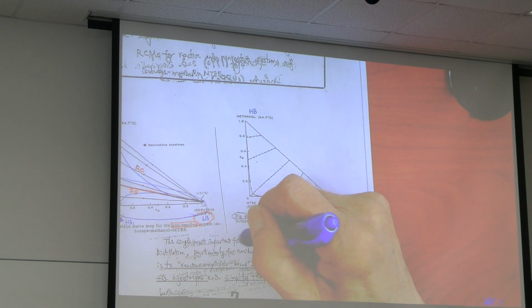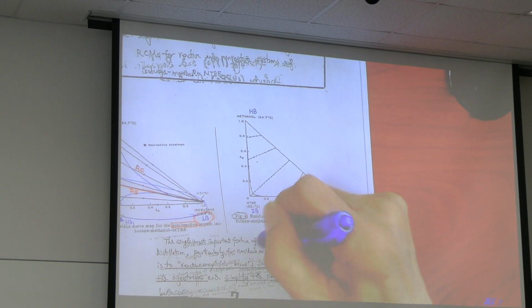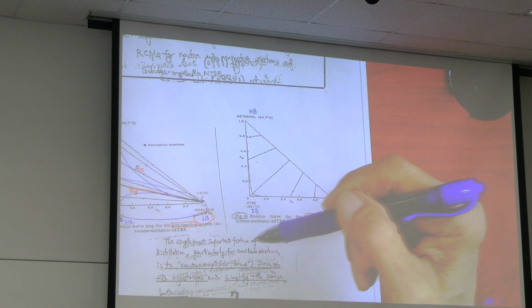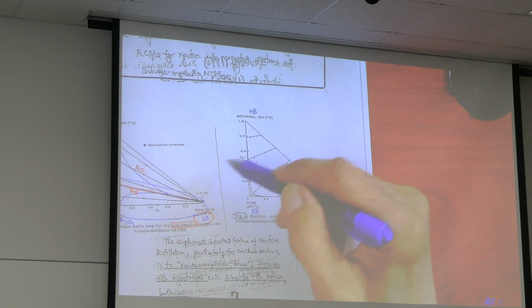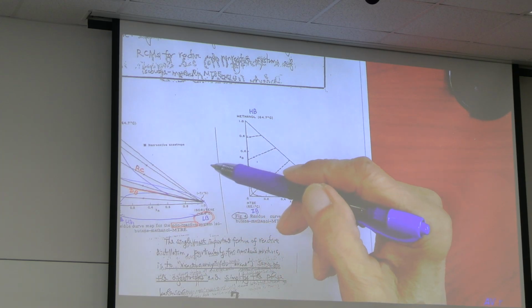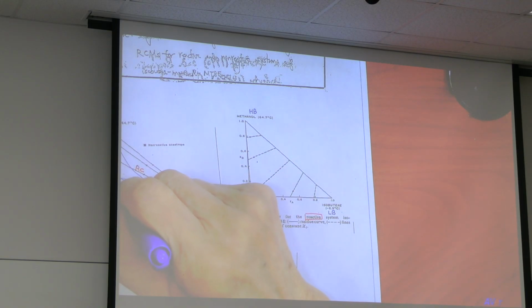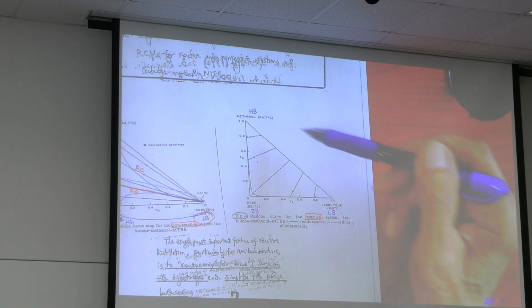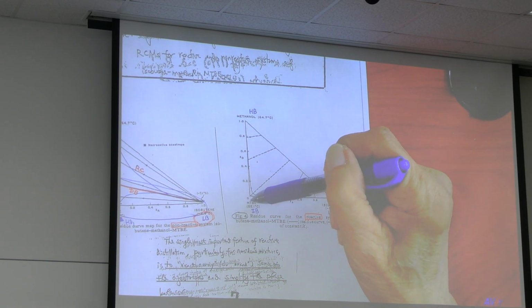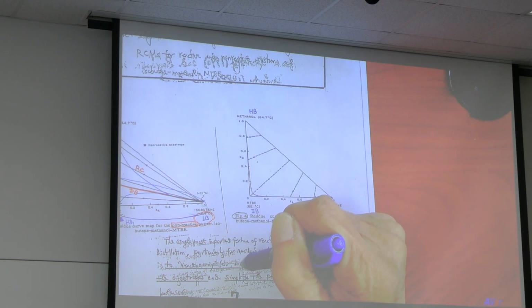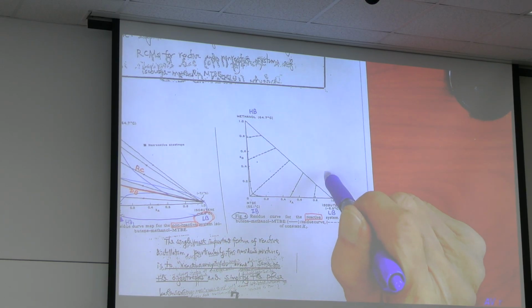The most important feature of reactive distillation: a non-ideal mixture can react away or break some of the azeotrope. In this case, if you have reactive distillation, reactant, product, reactant, you will break away or react away the azeotrope. That is a major difference.